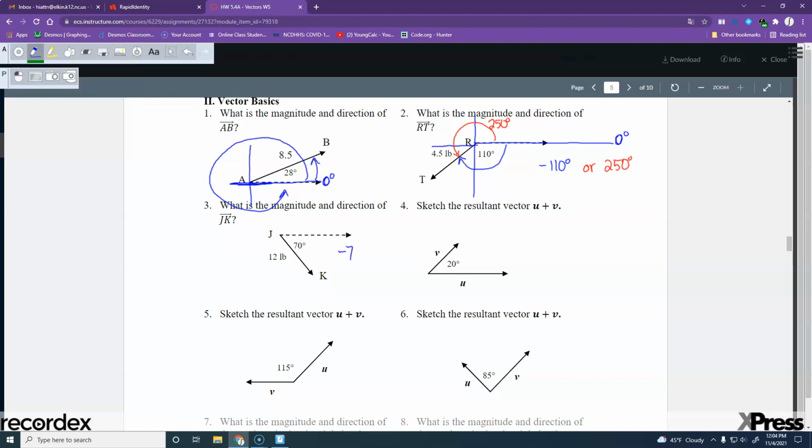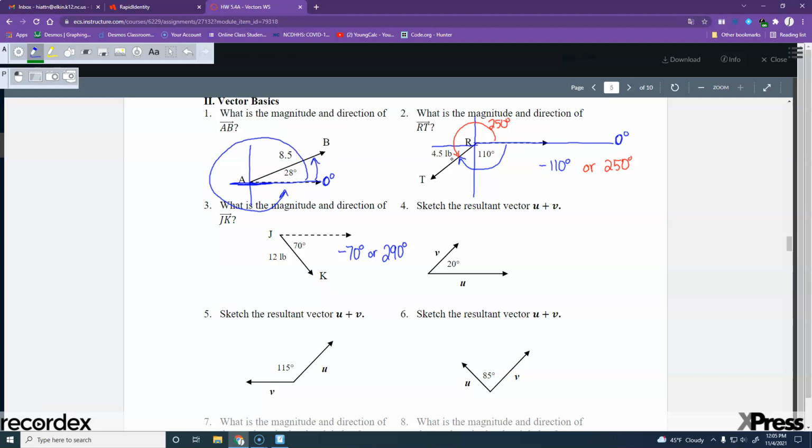Either negative 70 or, what did you say? 290 degrees. Either one of those would be appropriate to put. Okay, and of course the magnitude is 12 there.